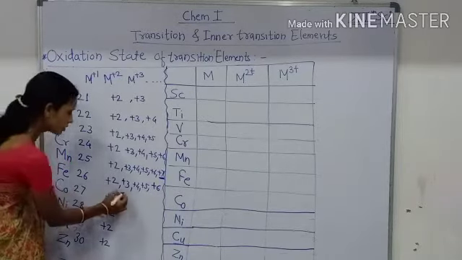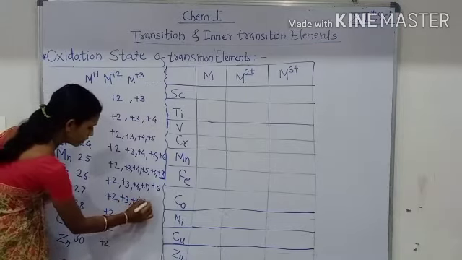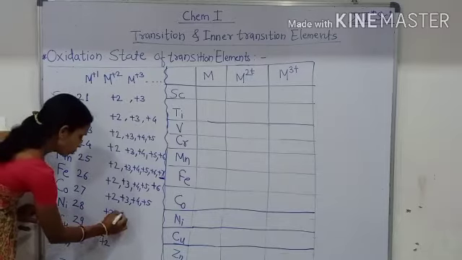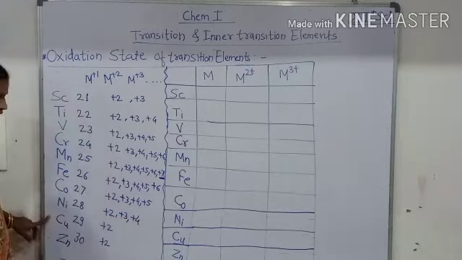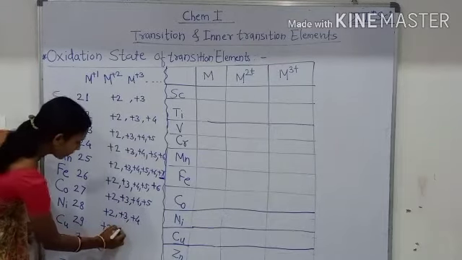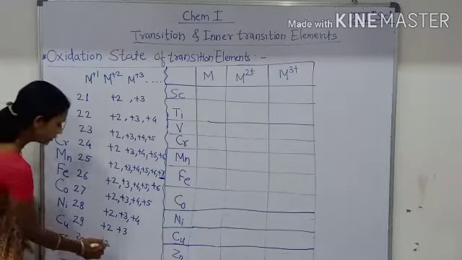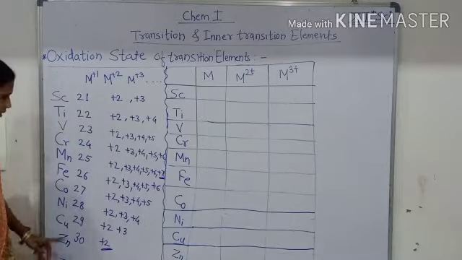Similarly, cobalt shows +2, +3, +4, +5 oxidation states. Nickel shows +2, +3 and +4 oxidation states. And copper shows +2, +3 oxidation states, and zinc shows only +2 oxidation state.